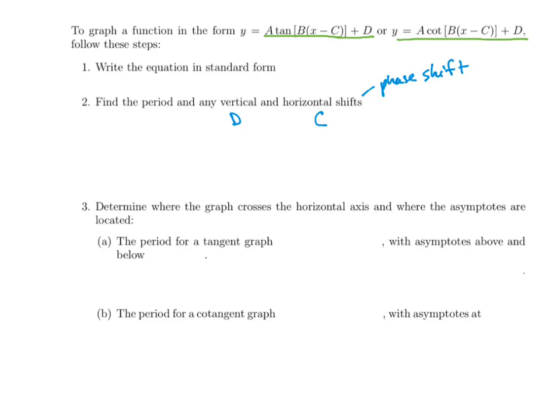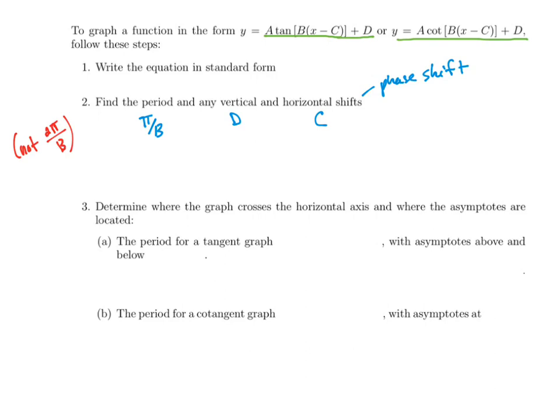One difference, though, for the period length is that the period length is pi over b. So this is different than what we saw in the other four trig functions. Sine, cosine, secant, and cosecant were always 2 pi over b. So this is a difference that we need to remember. Then we determine where the graph crosses the horizontal axis and where the asymptotes are.